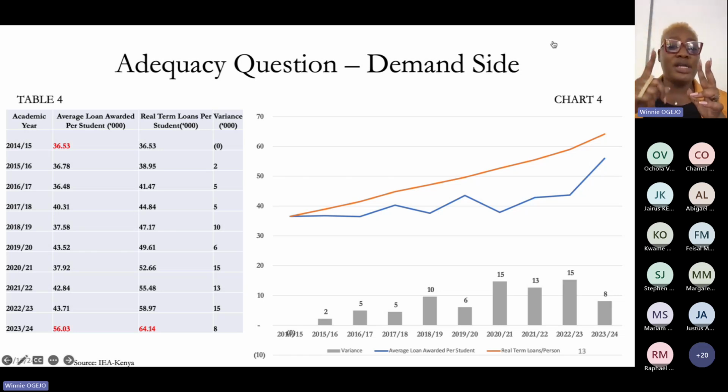But if you look at it in real terms, you notice that they're actually not meeting their targets. So inflation is eroding the fund, and the fact that they're sometimes recovering lower than their targets in real terms still jeopardizes the sustainability of the fund.